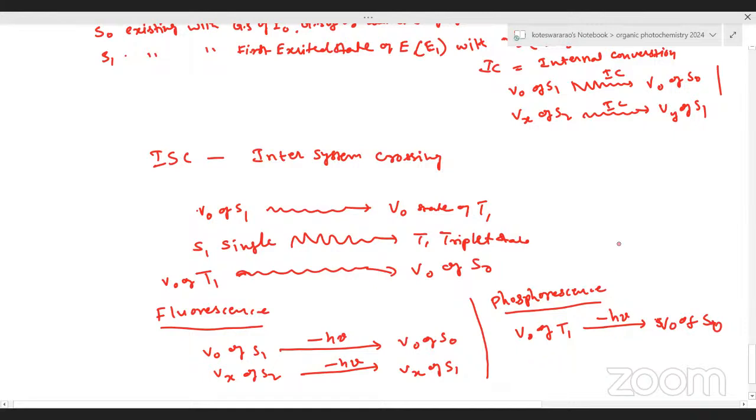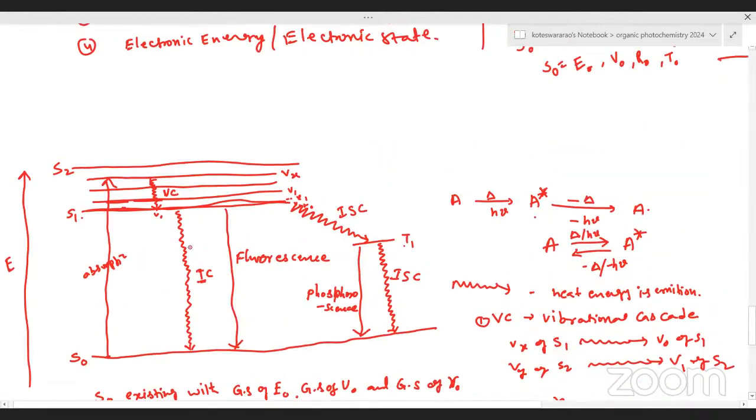Now, how many kinds of decaying processes are there? Vibrational cascade involves going from one vibrational level to another vibrational level of the same electronic state. Intersystem crossing goes from a vibrational level of a singlet excited state to a vibrational level of a triplet state, or from a triplet state vibrational level to a vibrational level of a singlet state.